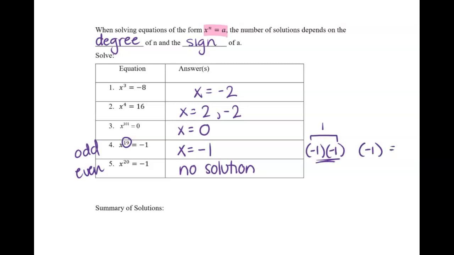So that'll make it a bunch of 1 times 1 times -1, which is -1. With x to the 20th, that's even. So you're just going to have 10 pairs that equal 1. And if you multiply 1 by itself 10 times, it equals 1. It's never going to be -1. That's why it's no solution.